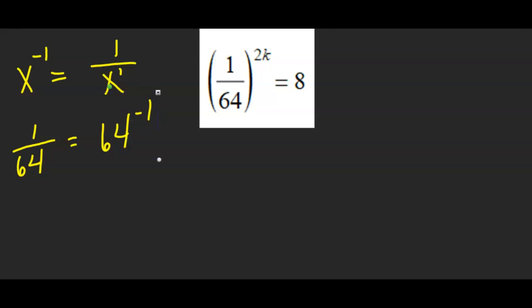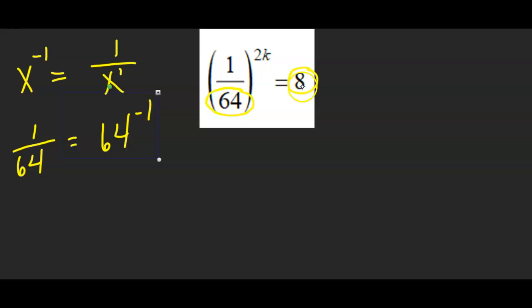Anytime you see a problem where you have 1 over something, that should raise a little red flag for you that whenever you rewrite your base, the exponent is just going to be negative. For this problem, we still have to decide on a base to use. So what you want to do is focus on the 64 and the 8 and think about a number that I can rewrite both of those numbers in.